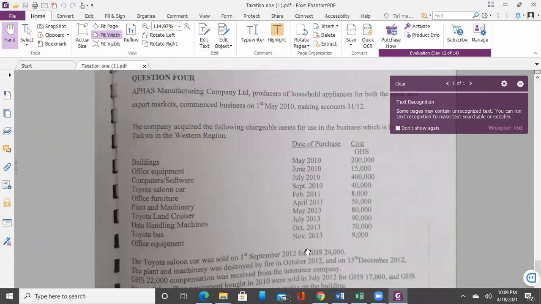And we have to calculate the capital allowance to be granted in 2010, 2011, and 2012-13 year of assessment. Very simple, but boring question.